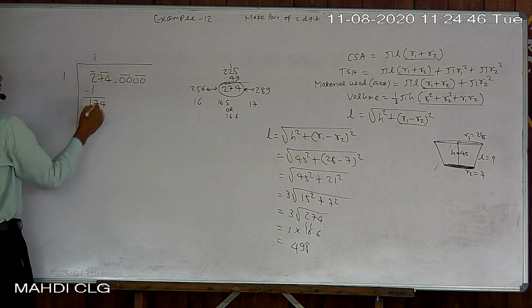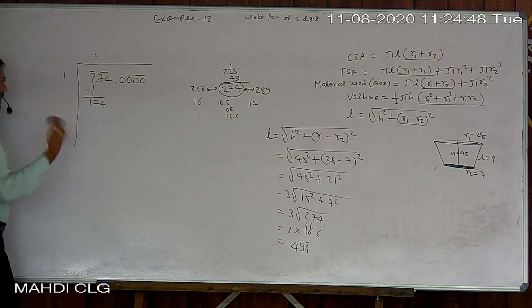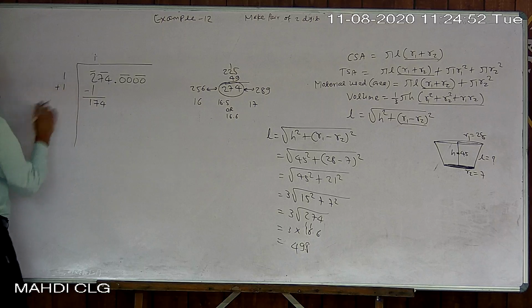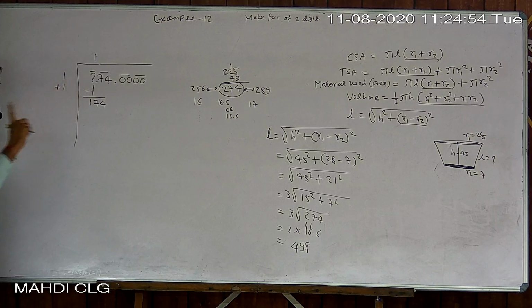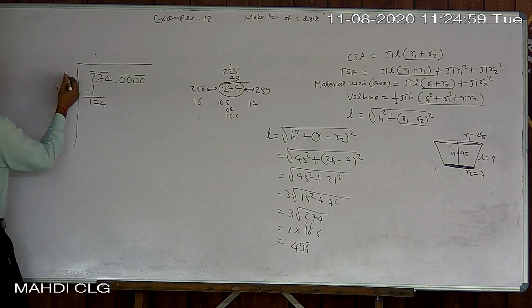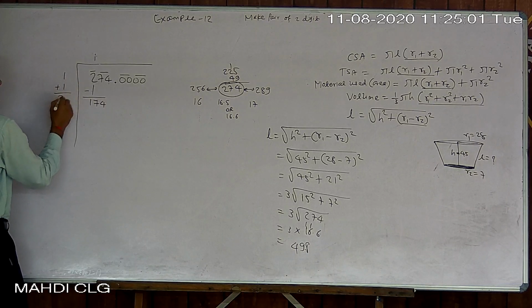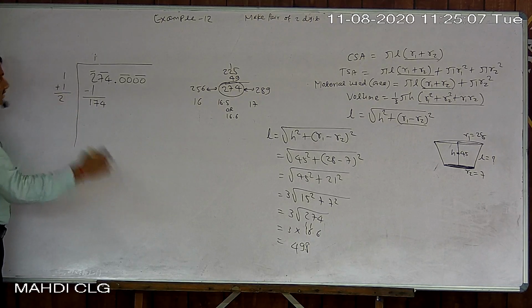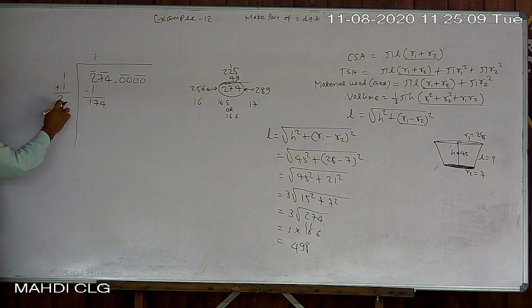Now for going to the next step, just add the unit digit here. Here there is only one digit, but if there is a number with more than one digit, add only the unit digit. So now how much does it become? 2. That is just preparation for the next step, adding the unit digit.